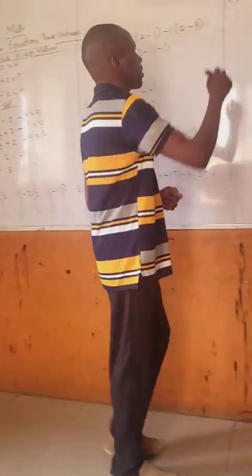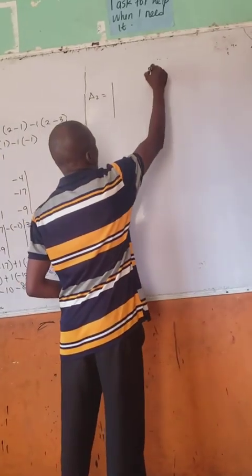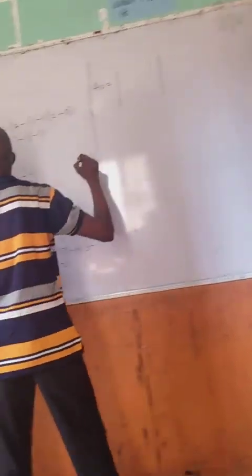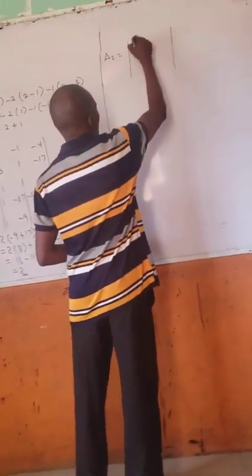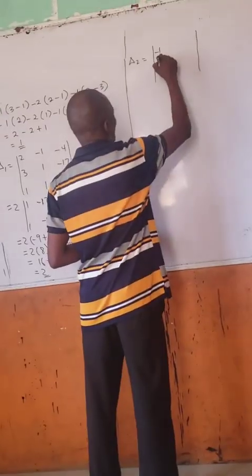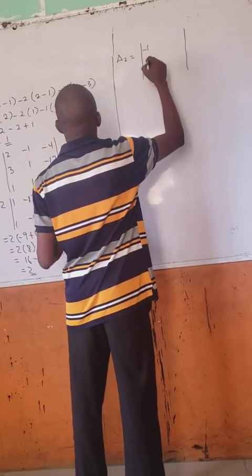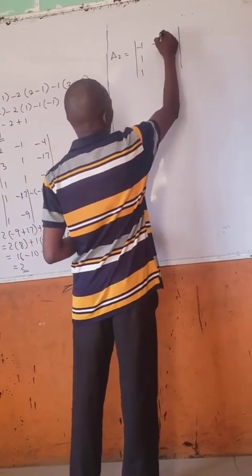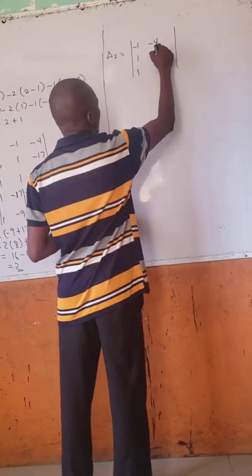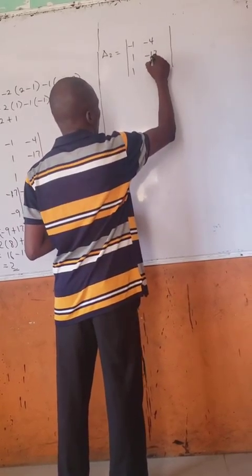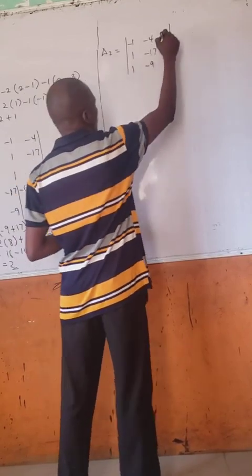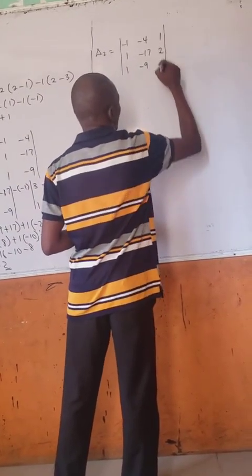So while picking this, we have minus 1, 1, 1. We have minus 4, minus 17, minus 9. We have 1, 2, 1.